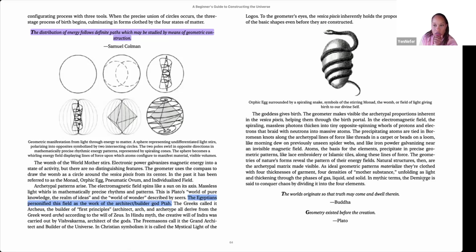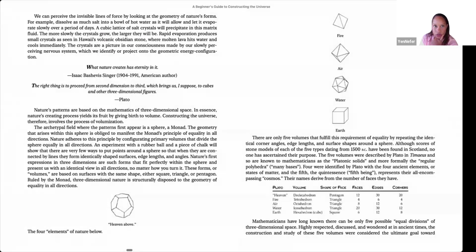In mythic terms, the demiurge is said to conquer chaos by dividing it into the four elements. The worlds originate so that truth may come and dwell therein, Buddha. Geometry existed before the creation. We can perceive the invisible lines of force by looking at the geometry of nature's forms.